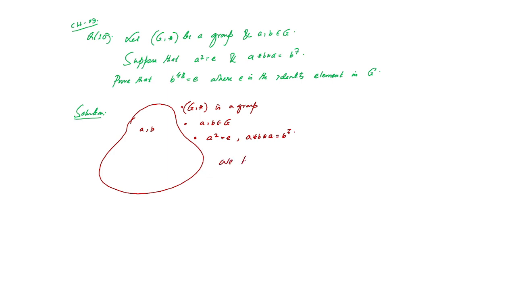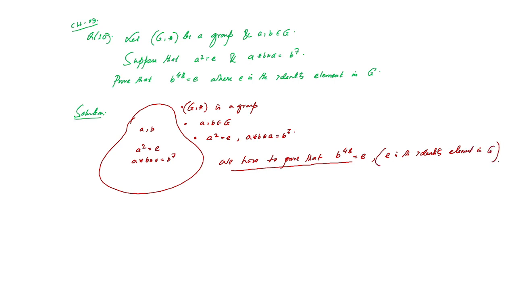What we have to prove is that B to the power 48 equals the identity element E in G. The question is how to prove it.